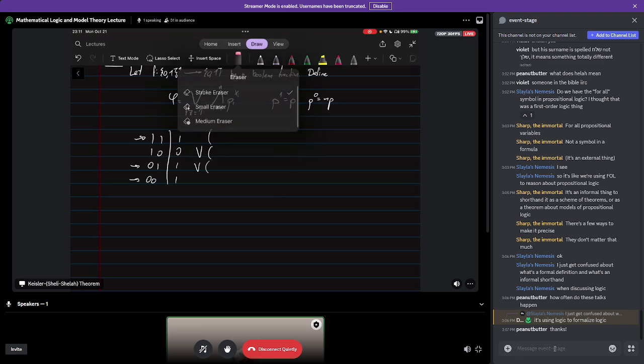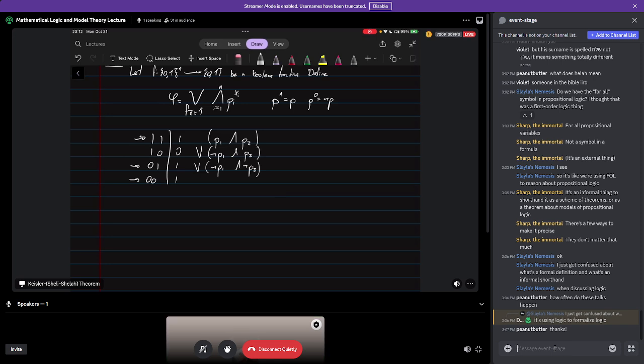And so p1 to the power of 1, so that's just p1, and p2. Or the negation of p1 and p2. Or the negation of p1 and the negation of p2. So that's our disjunctive normal form for implication.